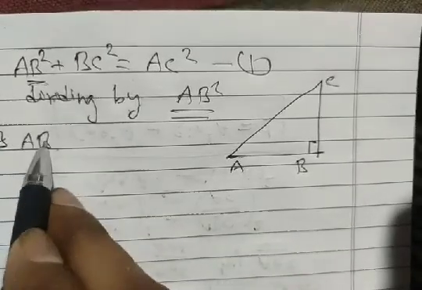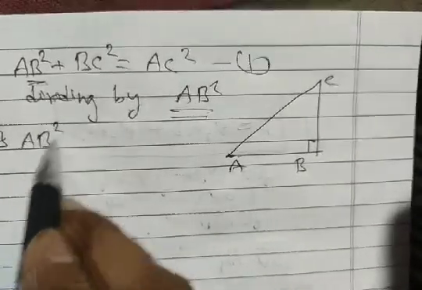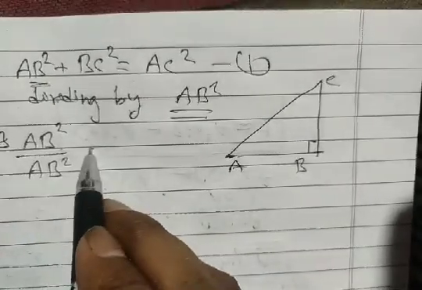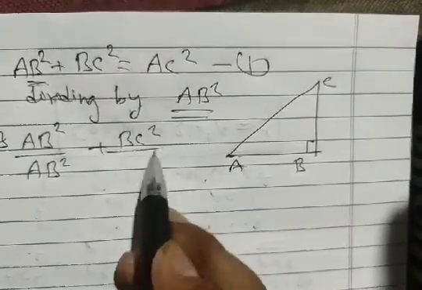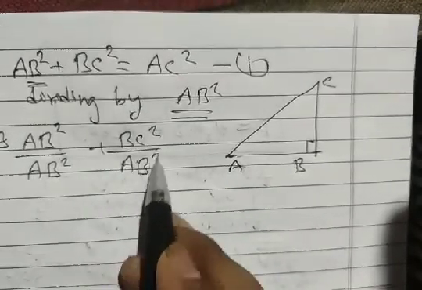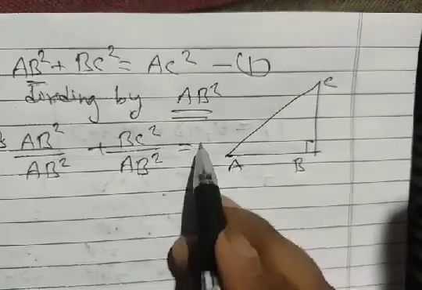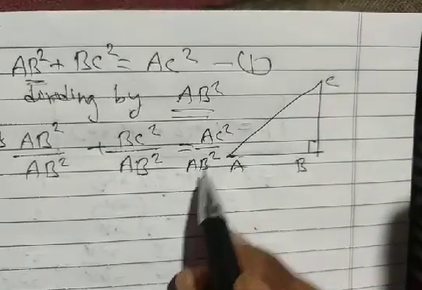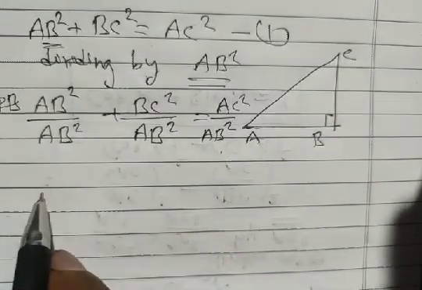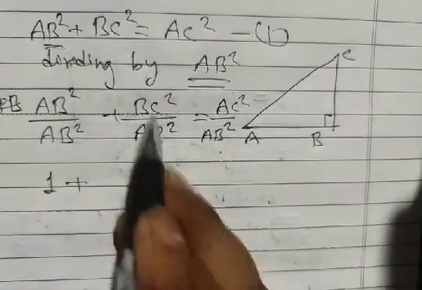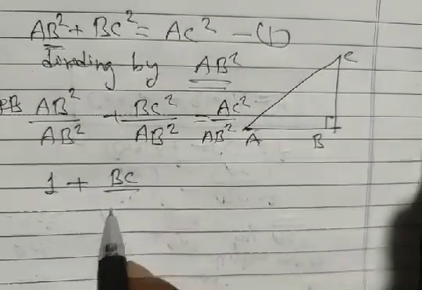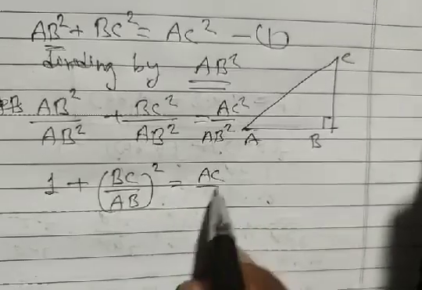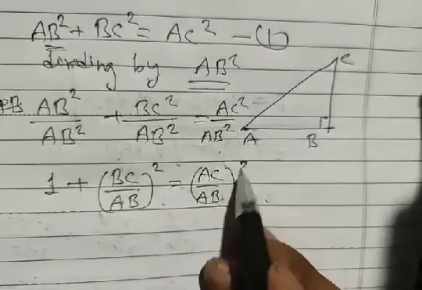AB square divided by AB square plus BC square divided by AB square equals AC square divided by AB square. Now AB square by AB square gives 1, plus BC is to AB whole square, equal to AC is to AB whole square.